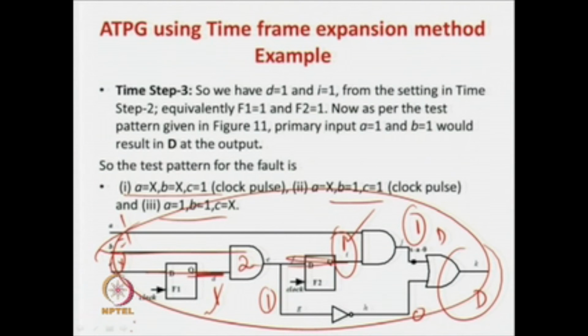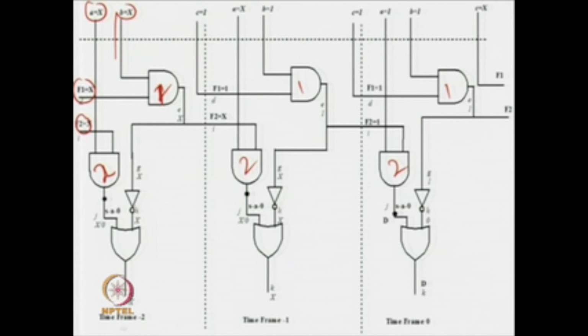So this is how it is done. Now you can call these 1, 2, 3, 4, or whatever you like. These are not that important, only this is important. Gate 1 is dependent on B and the output of the first flip flop. Gate 2 is dependent on A and this one.